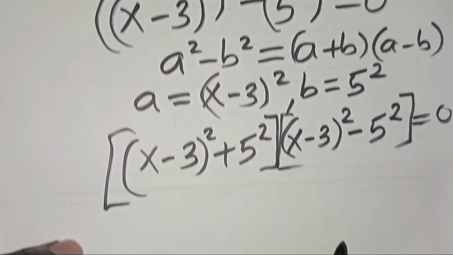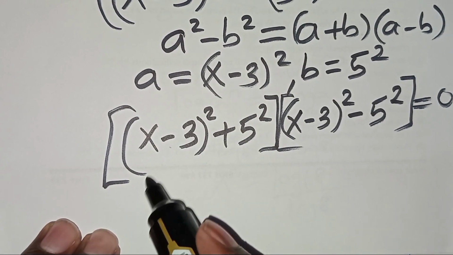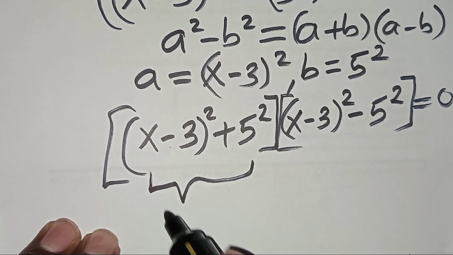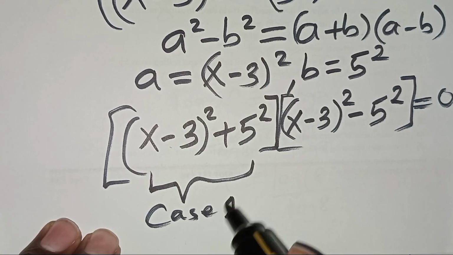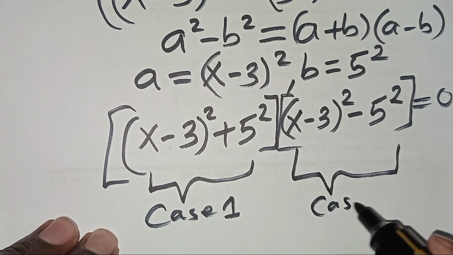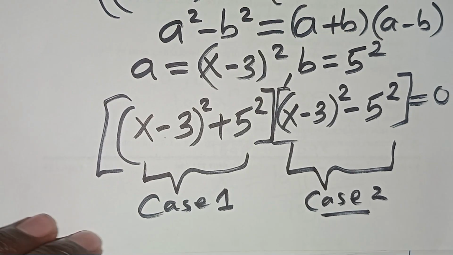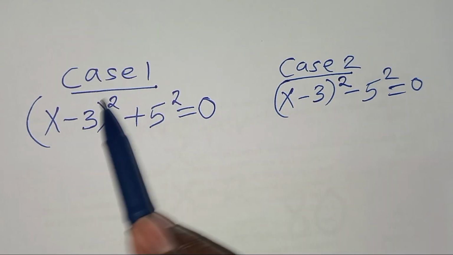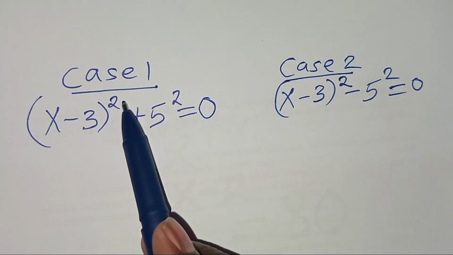So now we have two parts here. We have the first part, which you can call case 1, and the second part, which I can call case 2. So let's proceed. Focusing on case 1, we have (x − 3)^2.